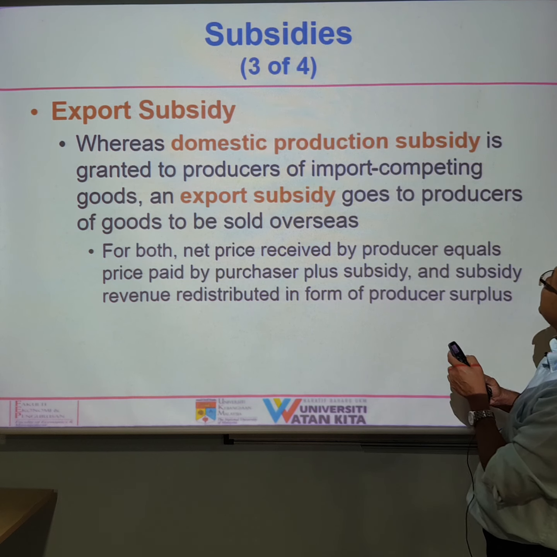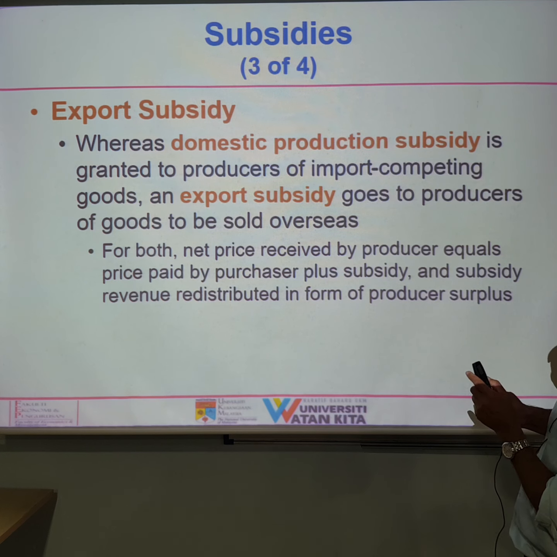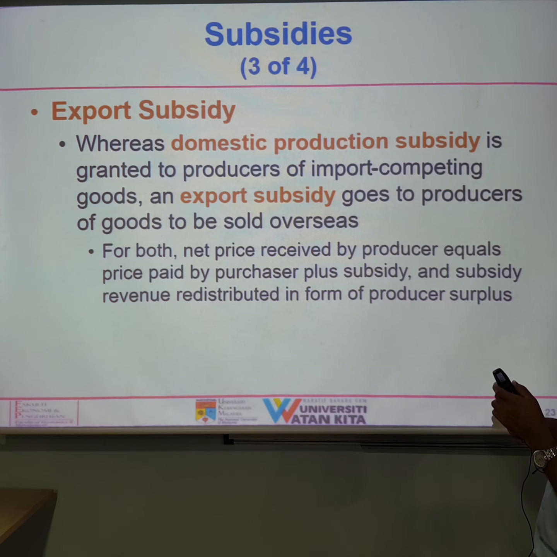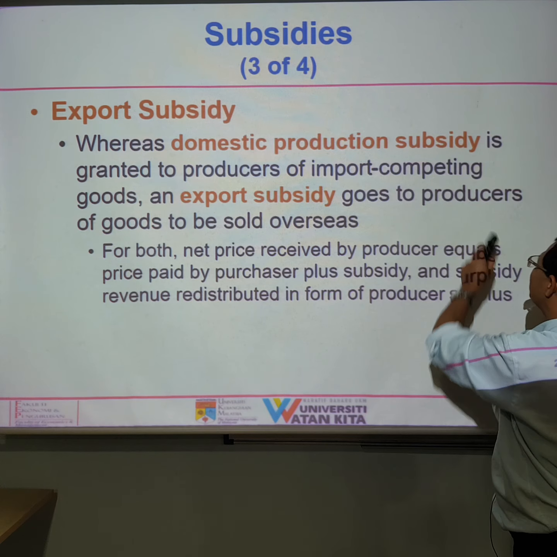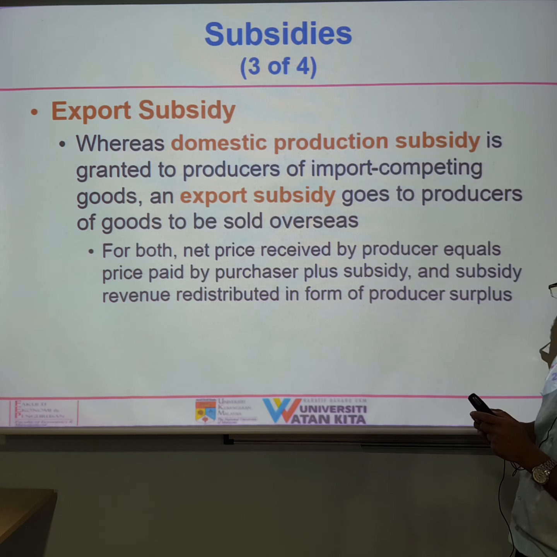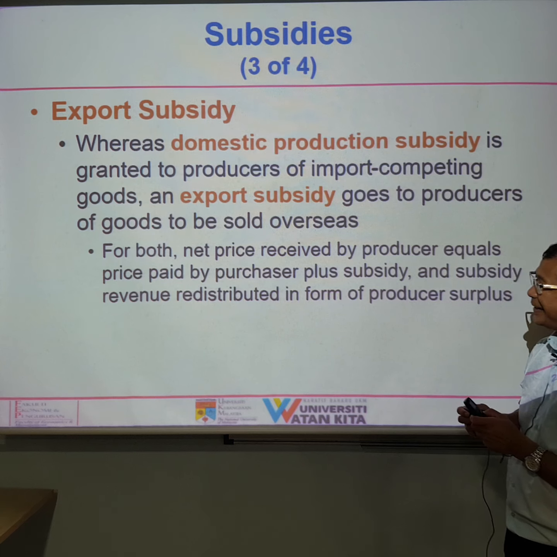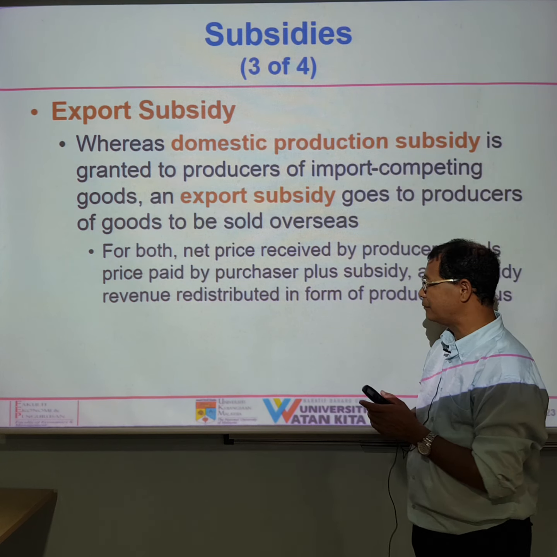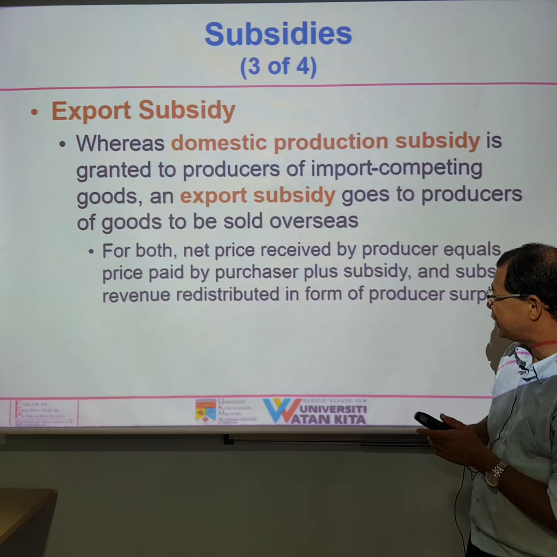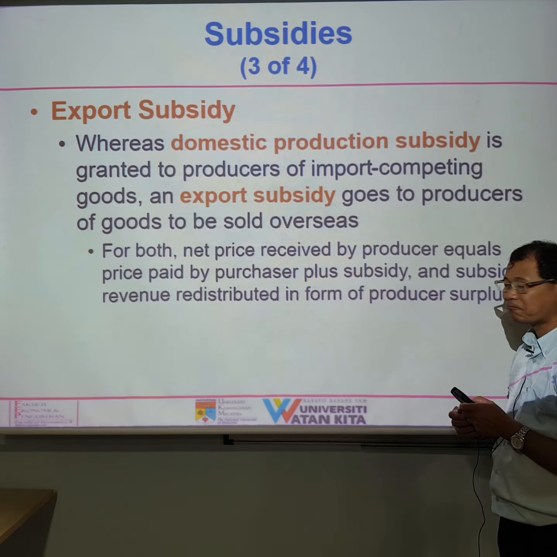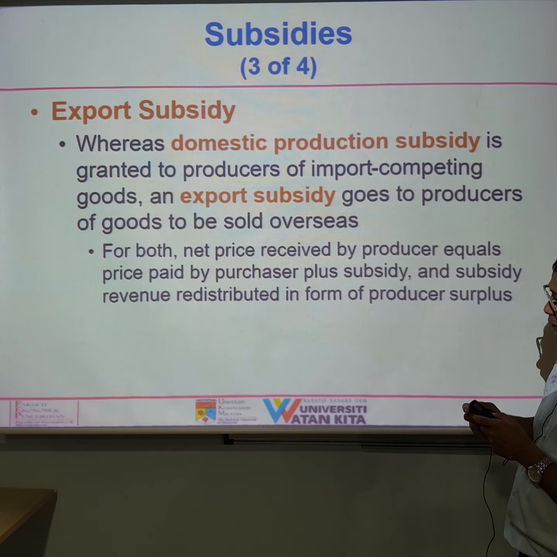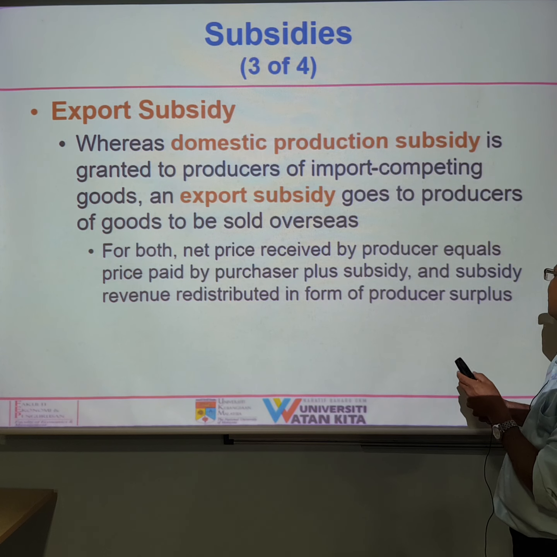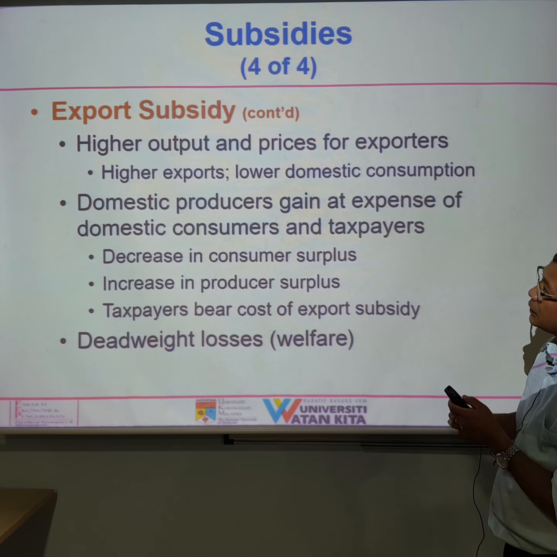Whereas domestic production subsidy is granted to producers of import-competing goods, export subsidy goes to producers of goods to be sold overseas. For both, the net price received by producers equals the price paid by purchasers plus the subsidy, and subsidy revenue is redistributed in the form of producers' surplus.